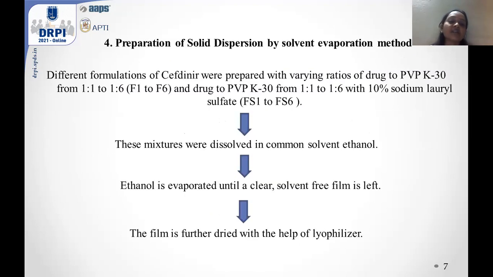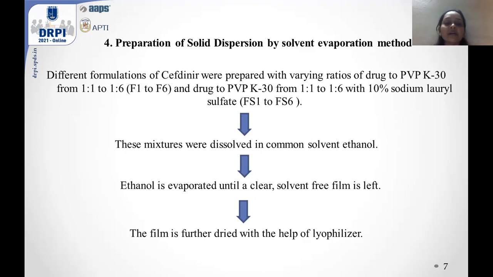After the pre-formulation study, we have prepared the solid dispersion by the solvent evaporation method. We have chosen the solvent evaporation method because it is the cheapest and also the easiest method. For that, different formulations of cefdinir were prepared with varying ratios of drug to PVP K30 from 1:1 to 1:6, that is F1 to F6, and drug to PVP K30 from 1:1 to 1:6 with 10% of sodium lauryl sulfate.